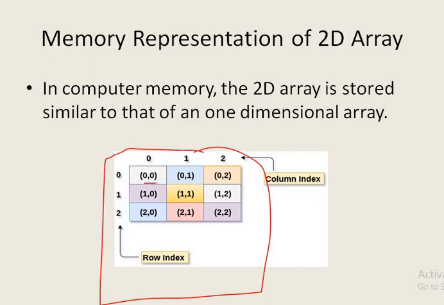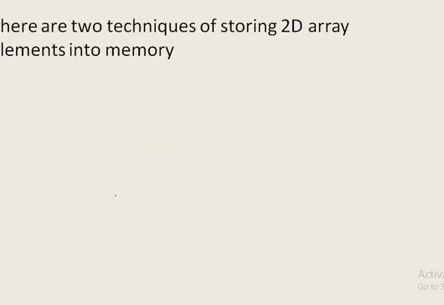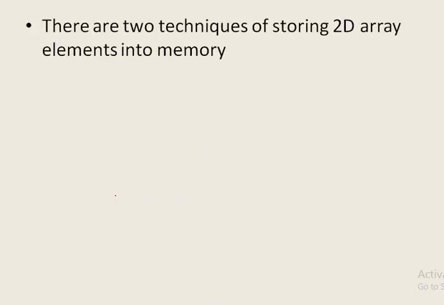That is, the first element is represented by the row and column index 0, 0. The second element will be represented as 0, 1, then 0, 2. So this will be the user's view for a matrix. Now, memory representation can be done using two different techniques.